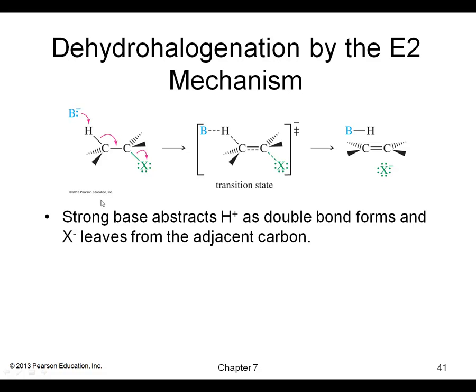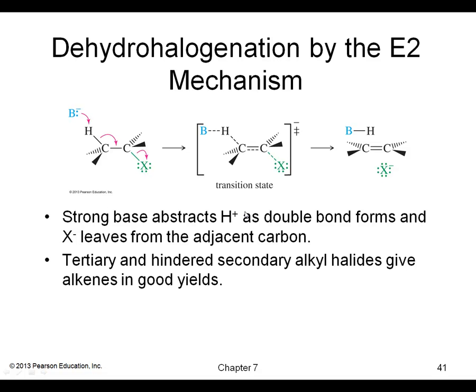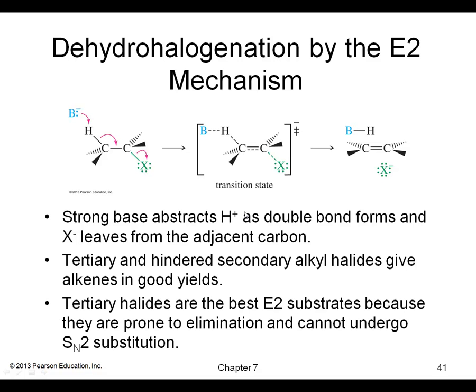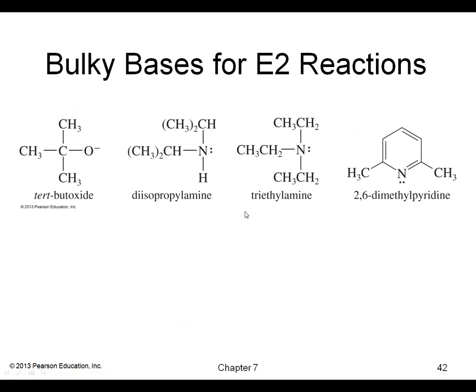So we have a strong base attacking a beta hydrogen. Bulky bases that could try to attack beta hydrogens include the t-butoxide ion and these others.